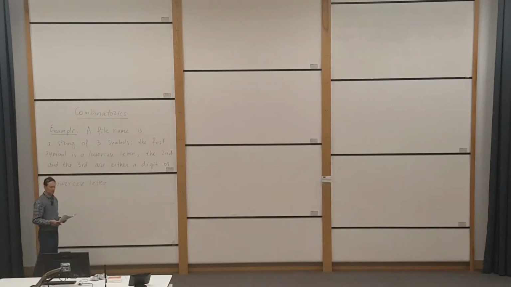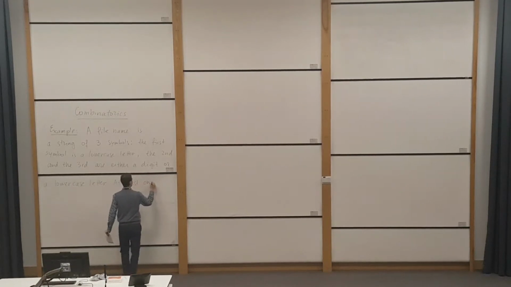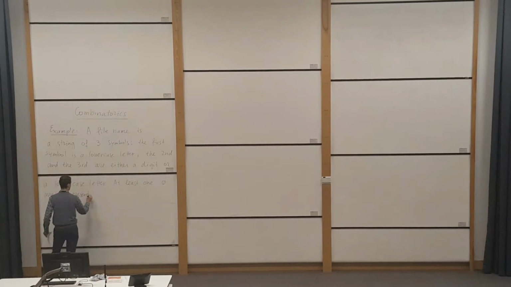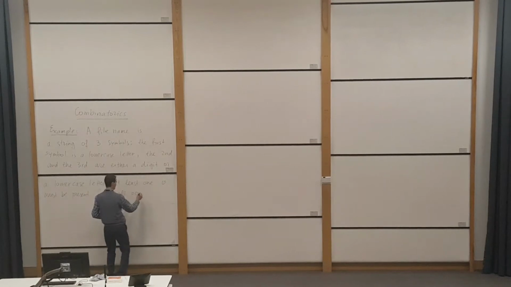There is one more additional condition. At least one 0 must be present in the name. At least one 0 must be present. So count all possible file names in this system.